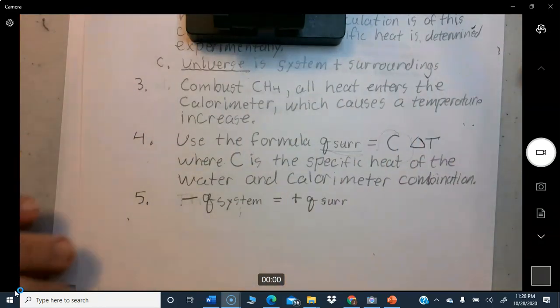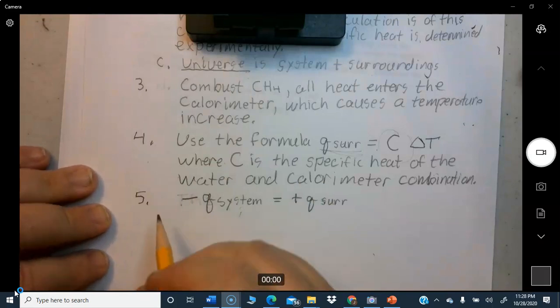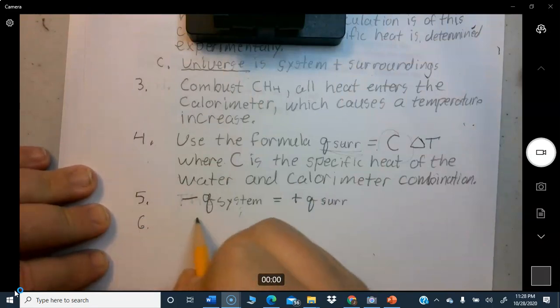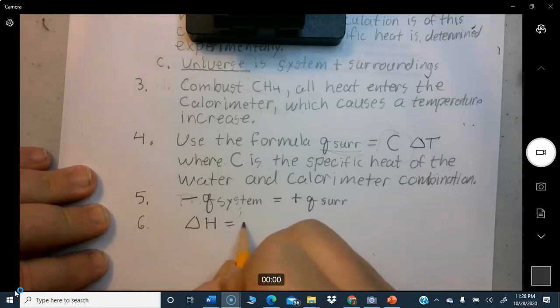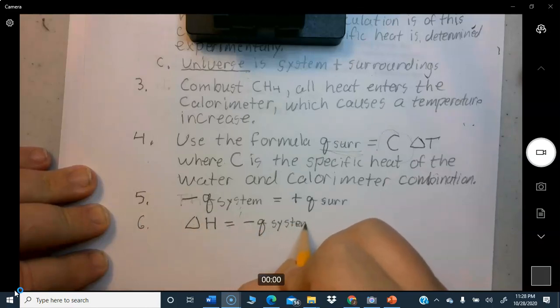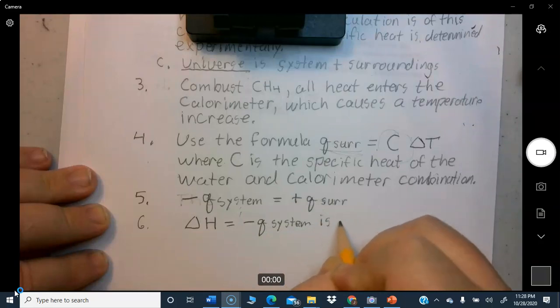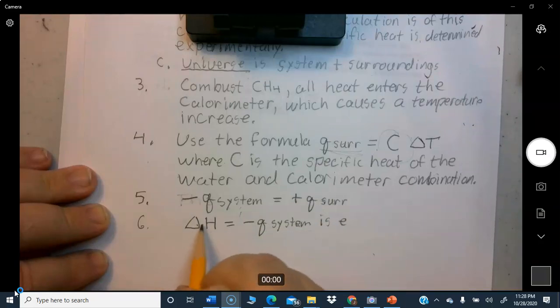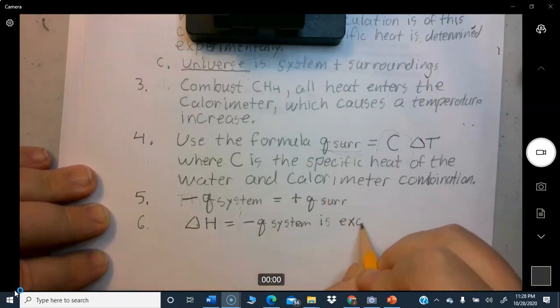Okay, so that's the Q of the system. We know that the change in enthalpy, and it is exothermic, so that makes delta H negative. This is going to be a negative.